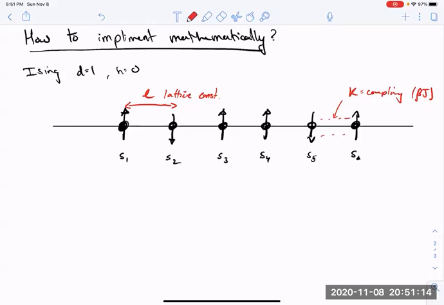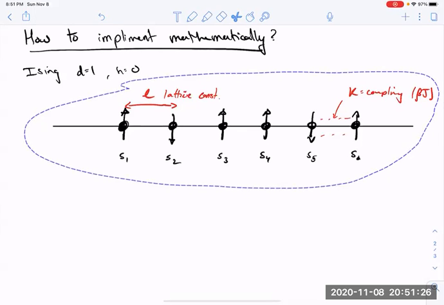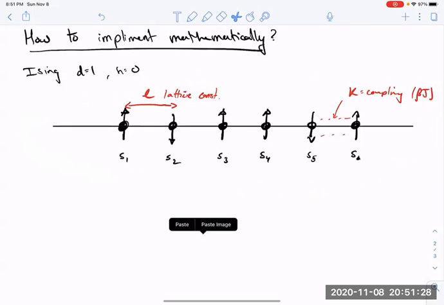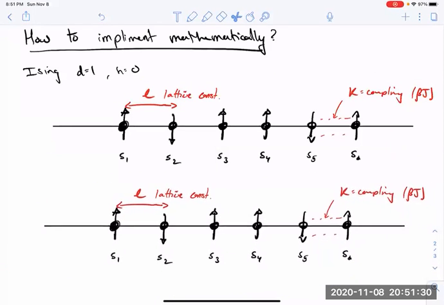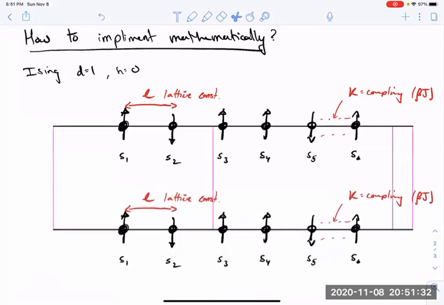Now, the idea behind scaling out is to take this system and try to view it on a larger scale, and doing so by integrating out half of the spins.